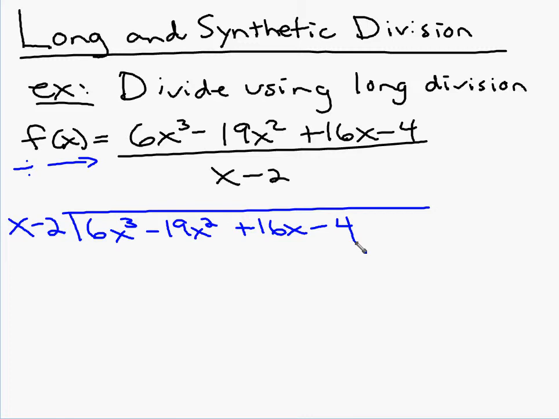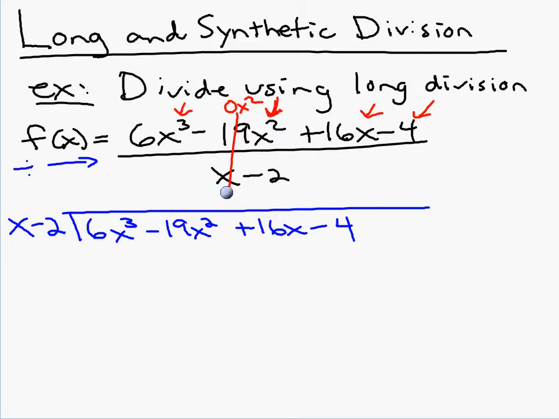Please note that I've got a cubed term, an x squared term, an x to the first, and then a regular number on the end. So if they're not there, you have to put a 0 in for it. If I wouldn't have had this x squared term right here, then I would have had to put in a 0x squared down here. And we'll look at that in just a minute.